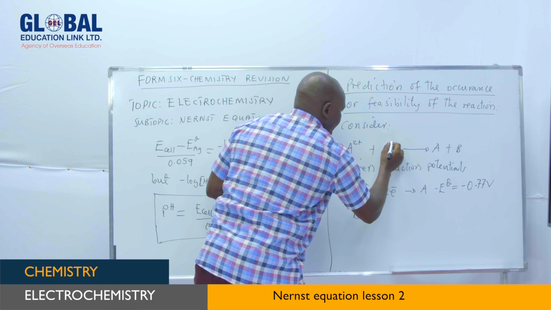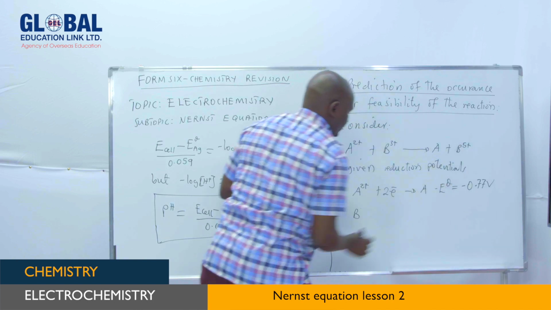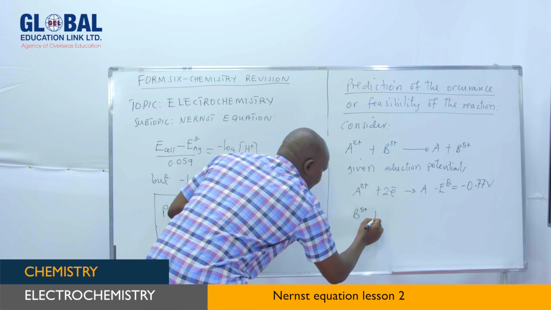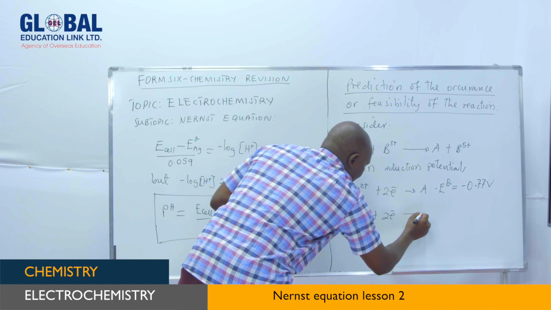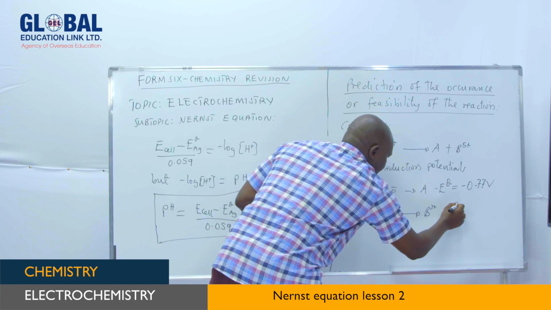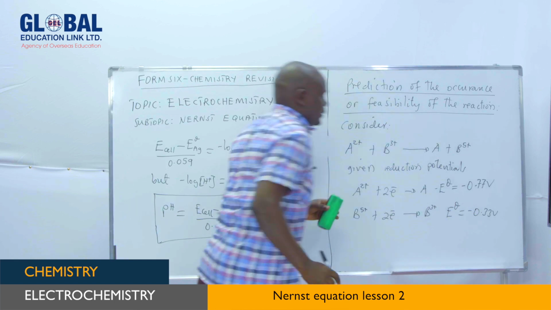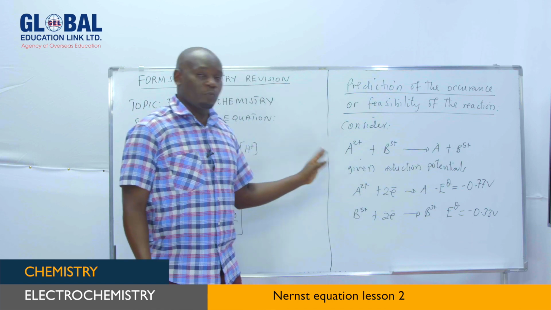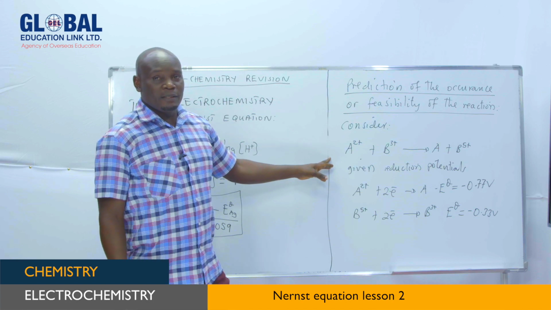So this will be 3 positive and there will be 5 positive. So if you have B 5 positive, plus 2 electrons, giving B 3 positive, its standard electrode potential, let it be 0.33 volts. These are the given reduction potentials. Then you are asked to predict if this reaction will be feasible or will not be feasible.